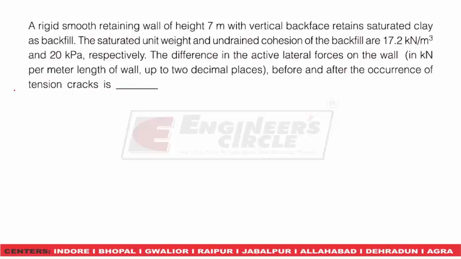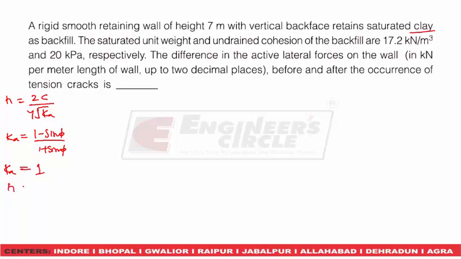First of all, the depth of tension crack is given by h equal to 2c by gamma root Ka. Now the active earth pressure coefficient is given by Ka equal to 1 minus sin phi by 1 plus sin phi, and for clay phi is 0. So Ka will be equal to 1.